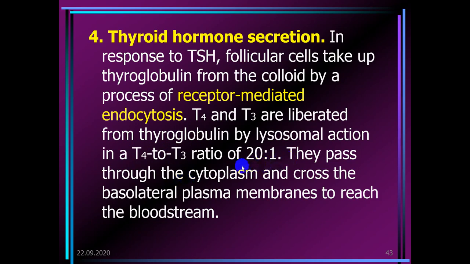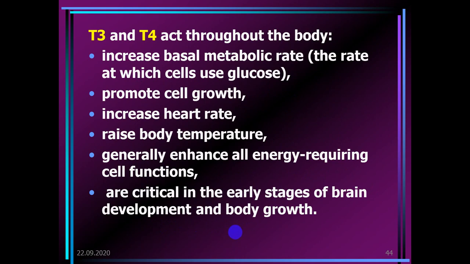And then, when they are liberated from thyroglobulin, they can pass to the capillaries and reach the peripheral blood. So thyrocytes have a difficult and complex secretory cycle, and maybe it is the reason for so many pathologic changes in the function of the thyroid gland.